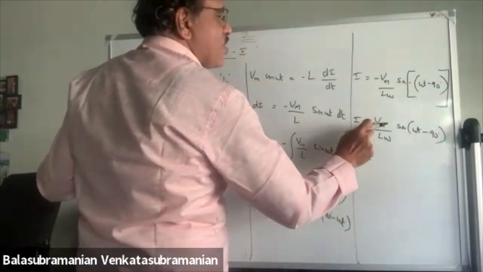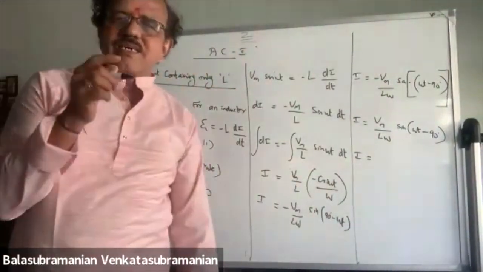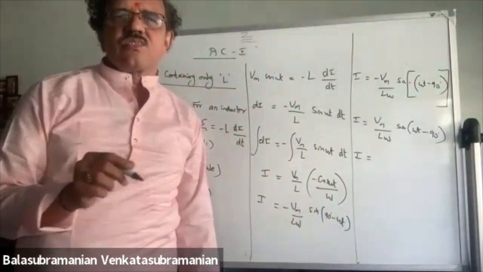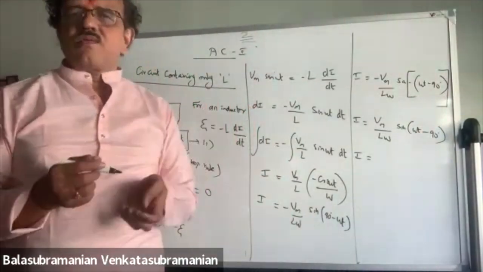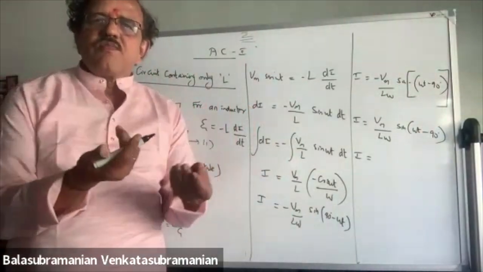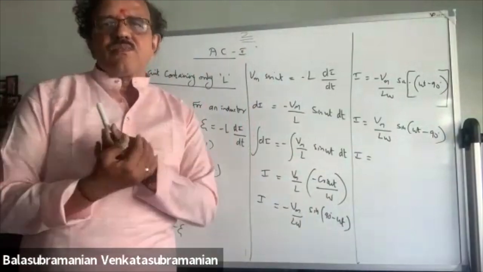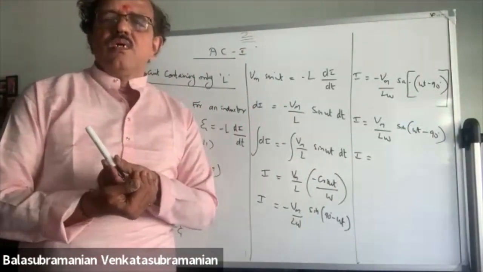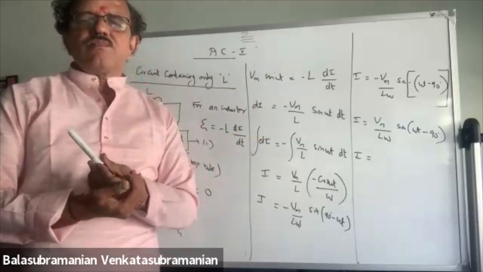Current is equal to voltage by something. That something is called resistance. Already we are using the term resistance R, so some other new term we are going to use here, that is called reactance. Reactance is also in the family of resistance only.